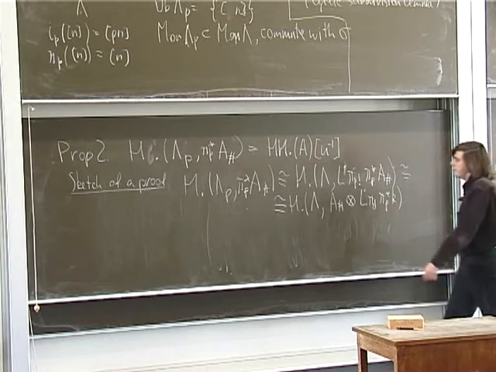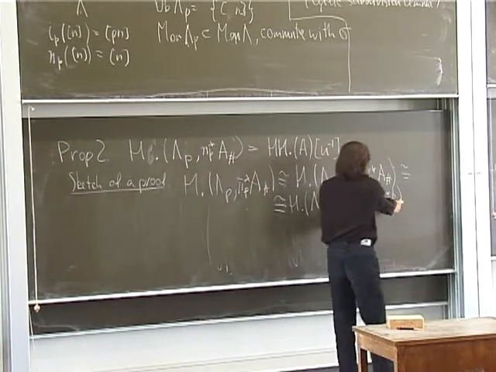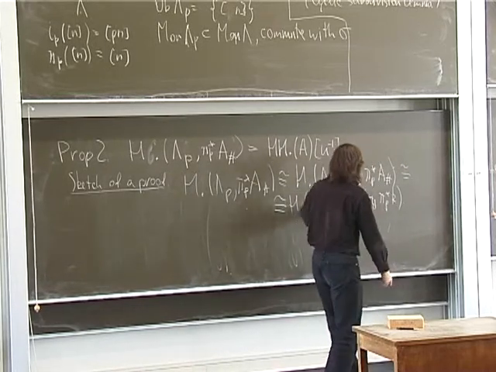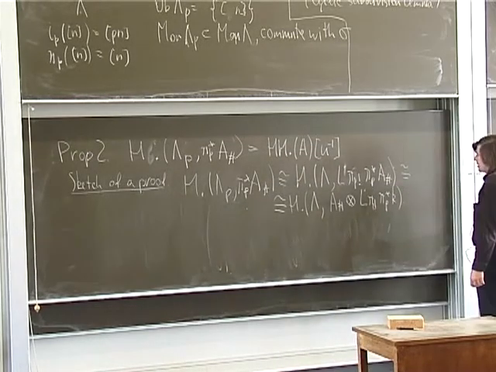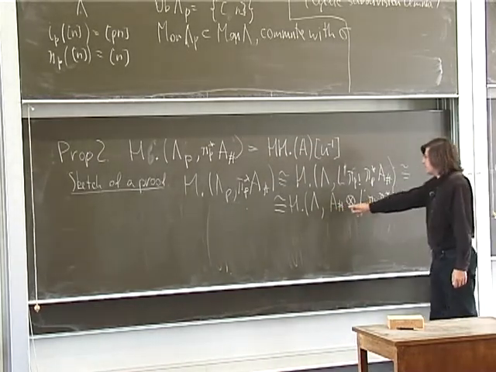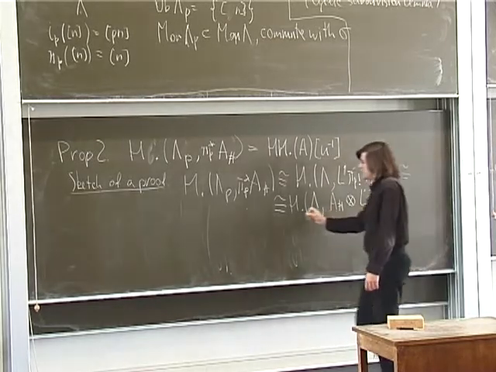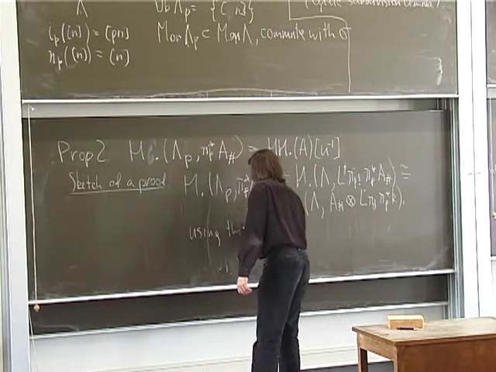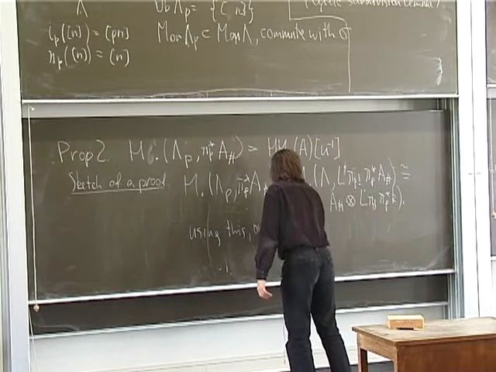So essentially, all you have to do to prove such a thing is to analyze this complex of functors and what it does after tensoring. This is kind of a technical thing. I don't really want to do this, so I want to use the claim.